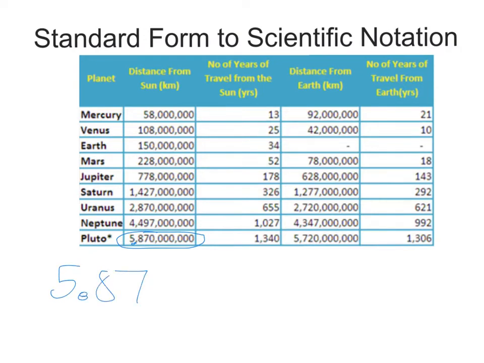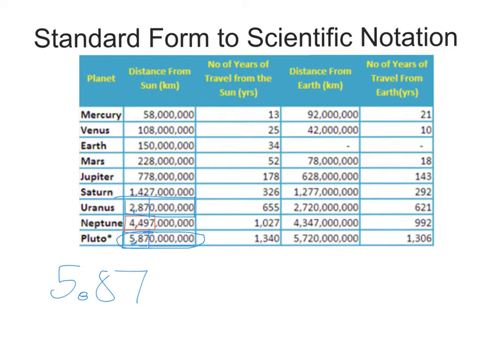I want to include the digits after the decimal point up to the zeros. Notice how all the rest of these are zeros. I'm just going to use the front numbers up until the zeros. For Neptune, I would use the digits up to the 7 and put the decimal point here.